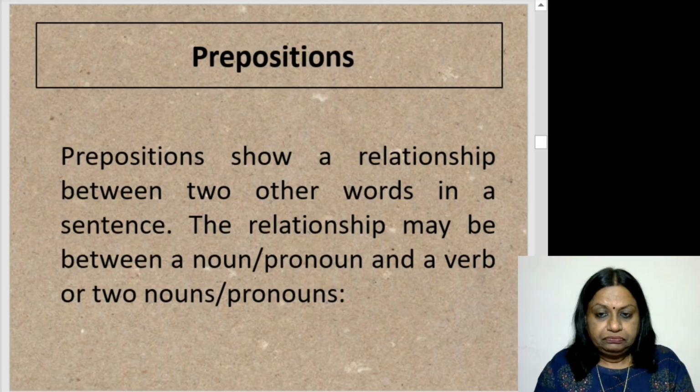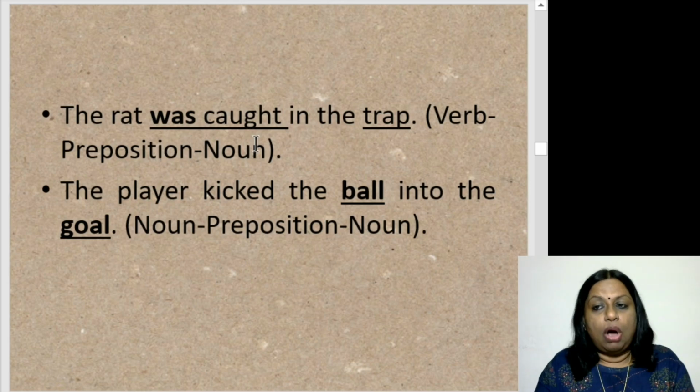Okay, then moving on, the rat was caught in the trap. Okay, so the "in" shows the relationship between the verb "caught" and the noun "trap." The player kicked the ball into the goal. Now you have "ball," which is a noun, "into," a preposition, and "goal," again a noun.